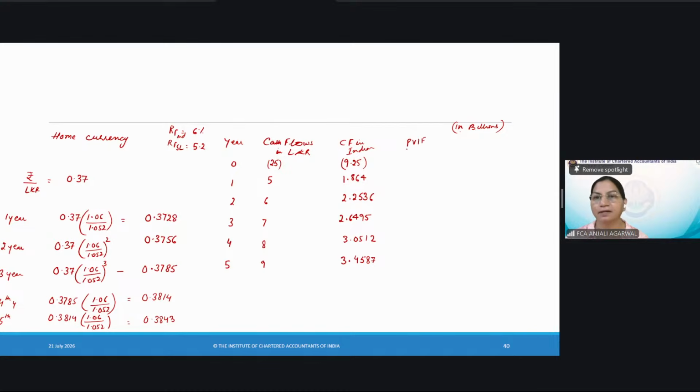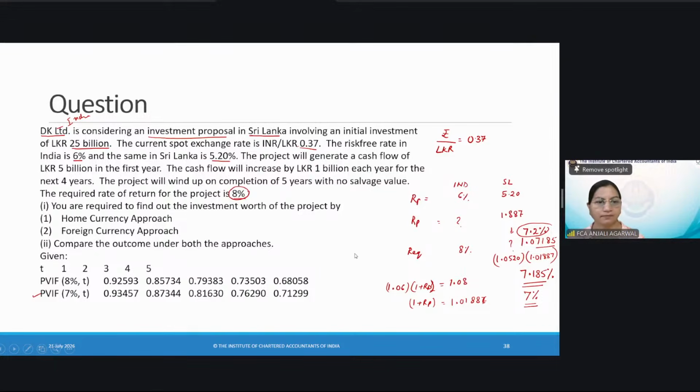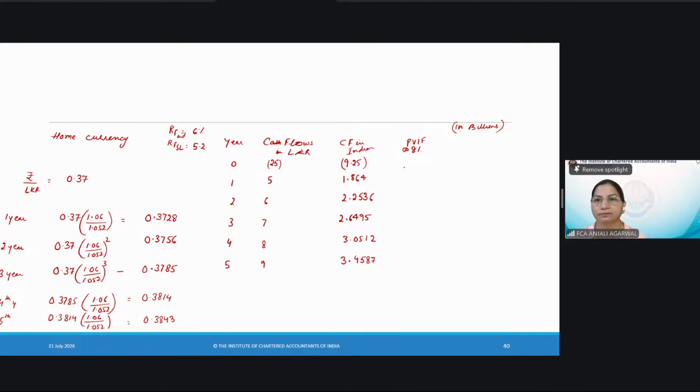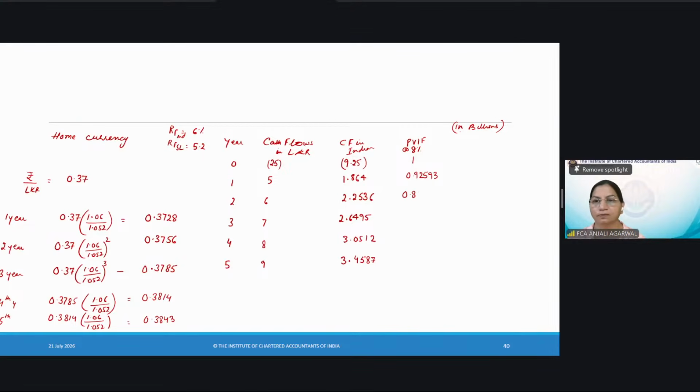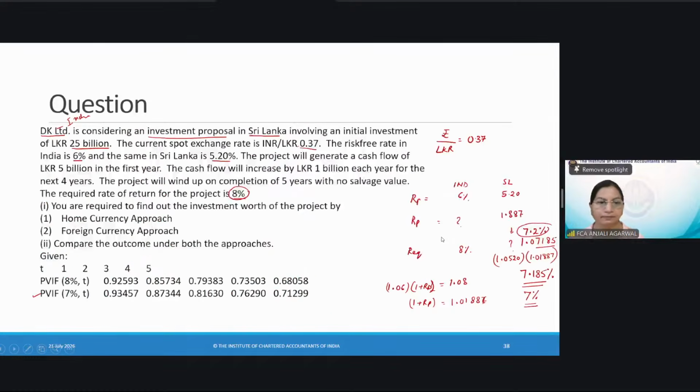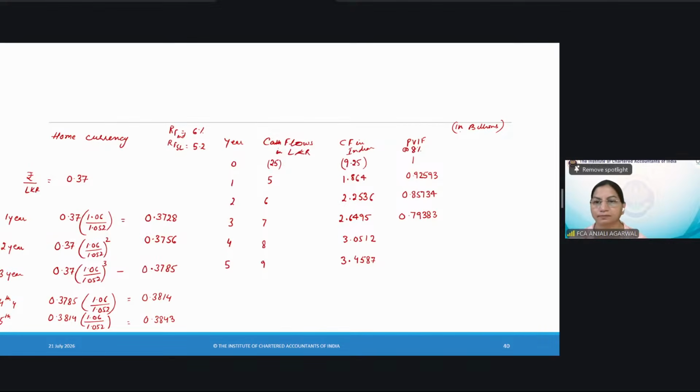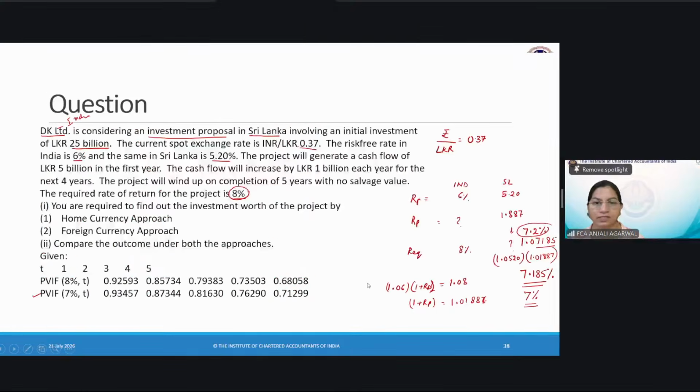PVIF factors at 8% because that's the required rate of return in India. 0.92593, 0.85734, 0.79383, 0.73503, and last 0.68058.